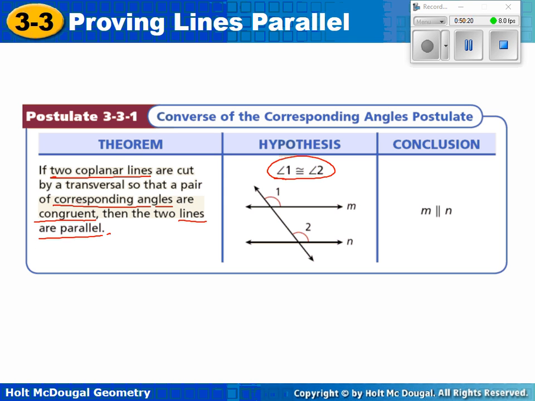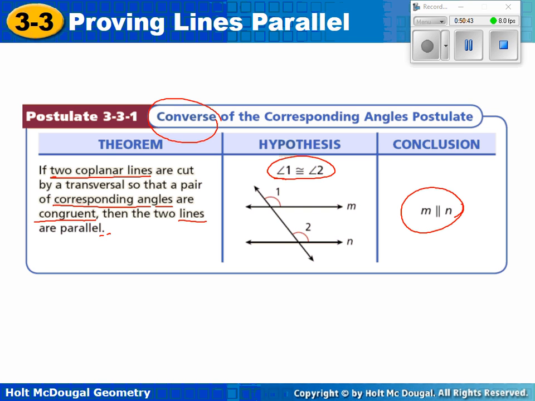So in a proof, if you are trying to say M is parallel to N, your reason is going to be the converse of one of our 5 postulates or theorems today, depending on which angle pair you're looking at. If they're corresponding, it'll be the converse of the corresponding angles postulate.